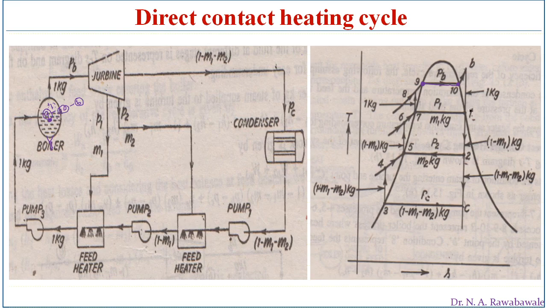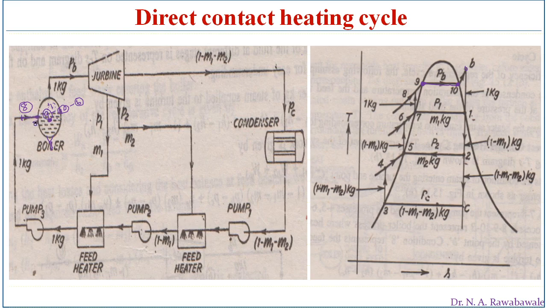So from point 9 to 10, 10 to B, or else initially the water supplied is, for example, at point 8. Feed water is supplied at point 8, which is not saturated water, so sensible heat is added from 8 to 9.